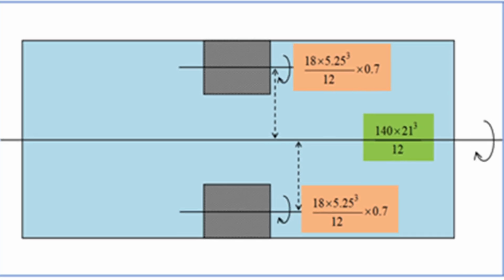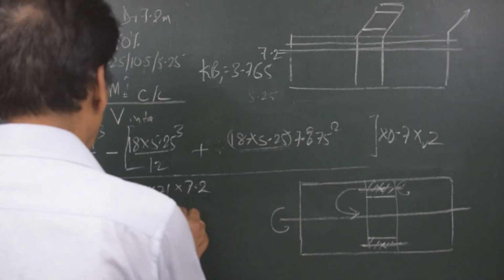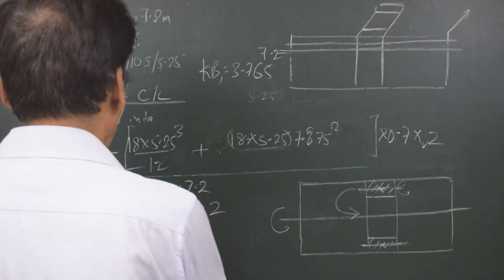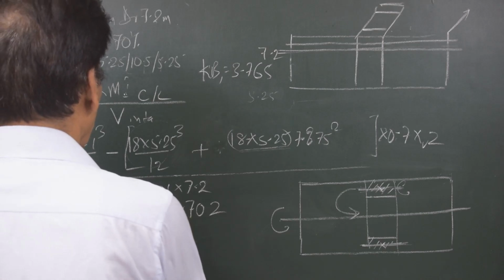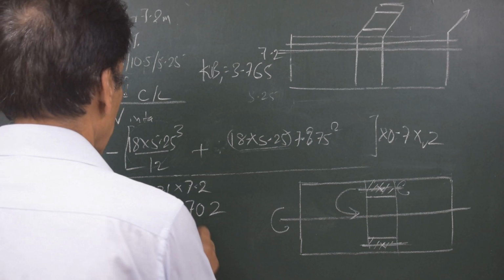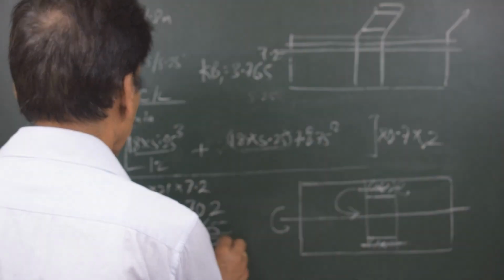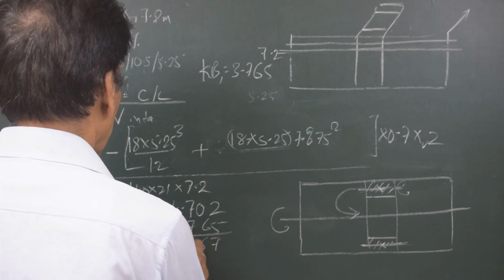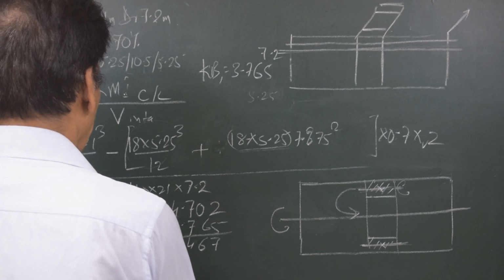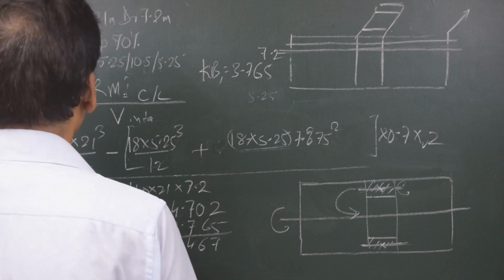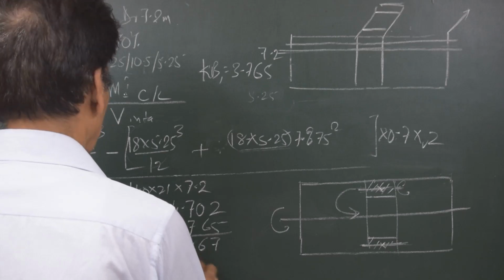So let's do the calculations now. This whole thing divided by V intact, I get 4.702. This is the BM transverse. KB1 was 3.765. The total is 8.467. That is KM. And KG, as you know, by the constant displacement method, we assume is not changing: 8.501.